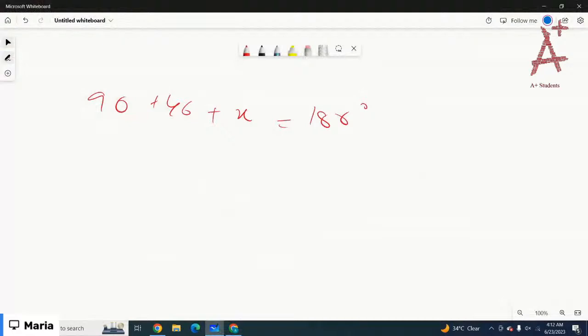So 46 plus 90 is 136. Move 136 to the other side, so you have to subtract. So it would be 180 minus 136, which is 44 degrees. That means the missing angle is 44 degrees. Got it?